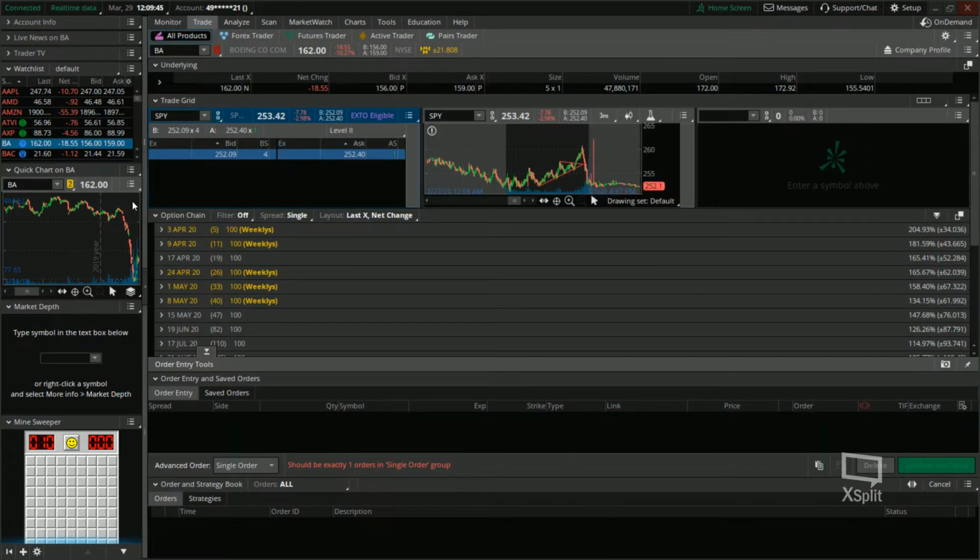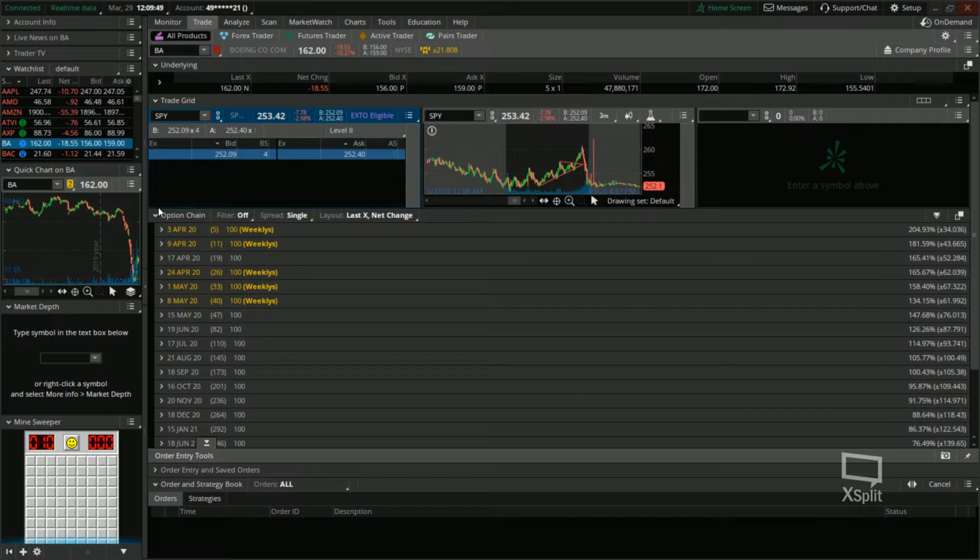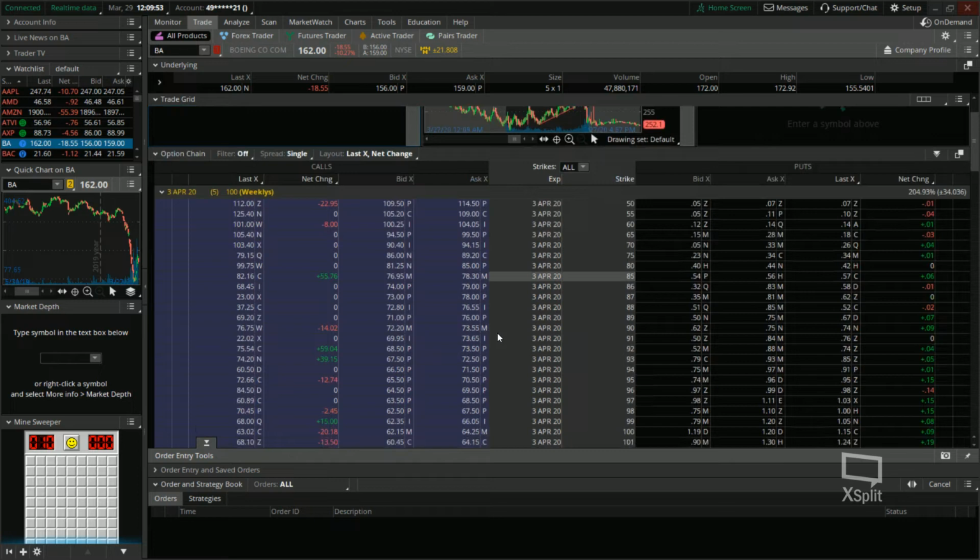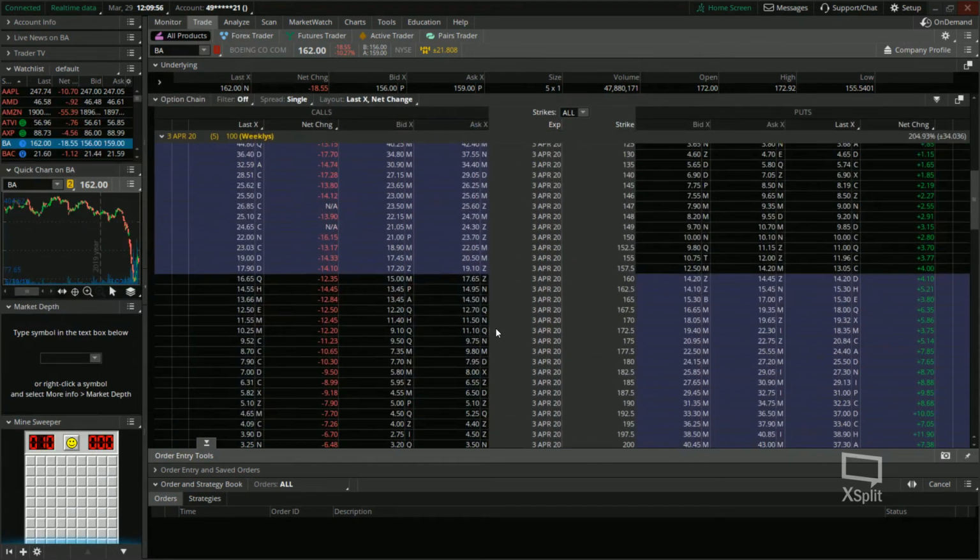Then we'll go to the option chain here. We'll just do April 3rd. Okay. And so we said that we were looking for a call since it broke resistance, right? So we'll look on the call side and we'll see what we can find.